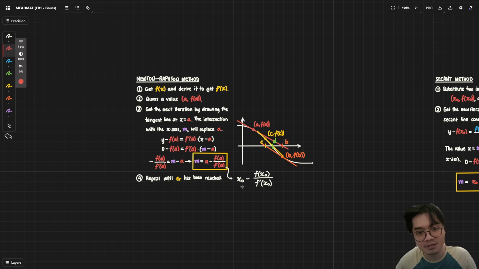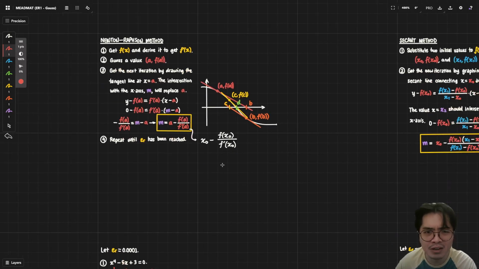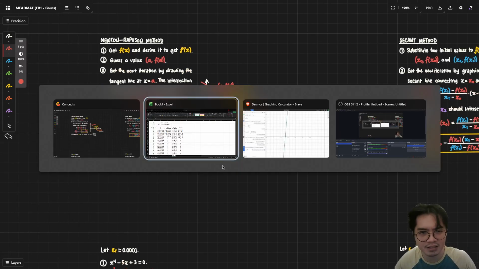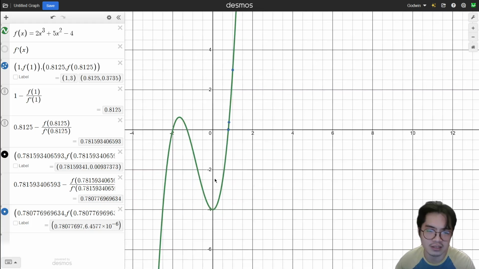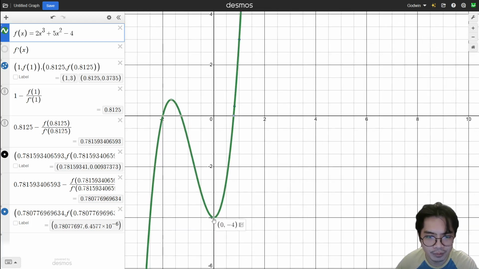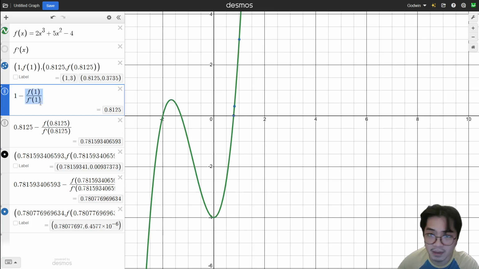The first one, well, it's not even that much of a disadvantage. If you look at this formula and substitute 0 in here, you're going to create a horizontal slope, which means this will divide by 0, because the slope is 0.